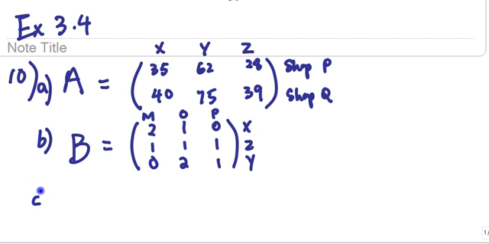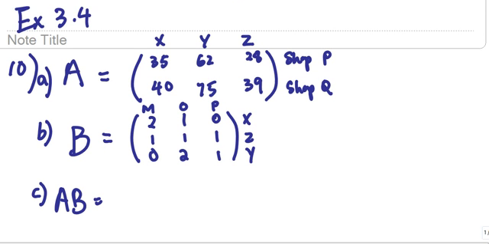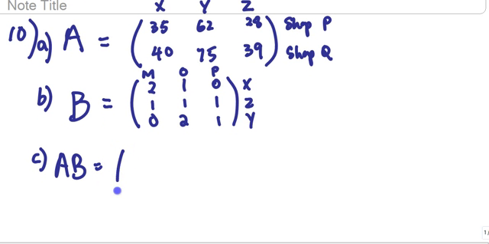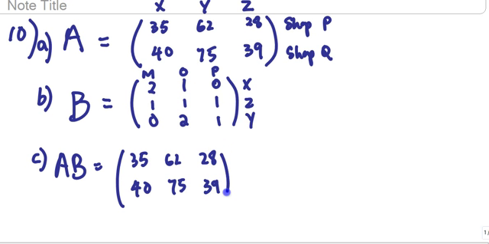Now then in part C, you are asked to find AB. So if we put AB together, we'll have this multiplied by B. Both are quite big matrices.